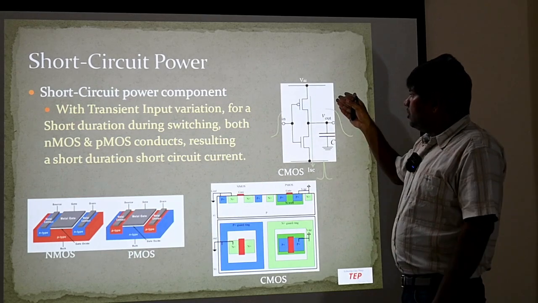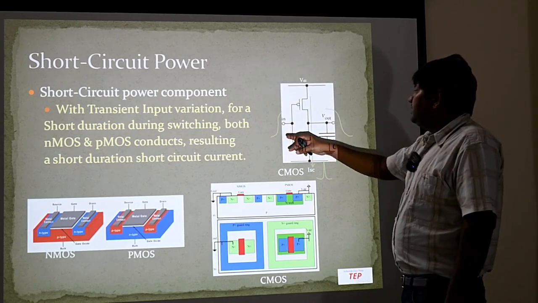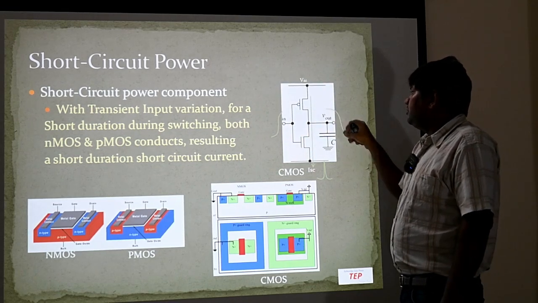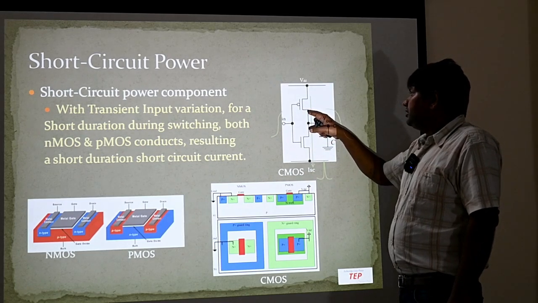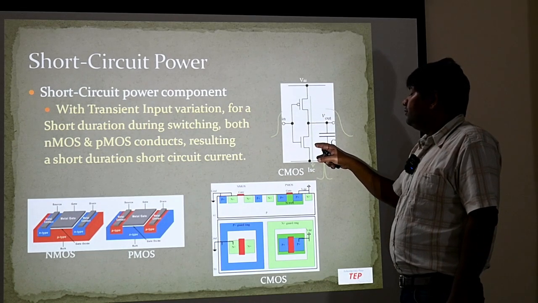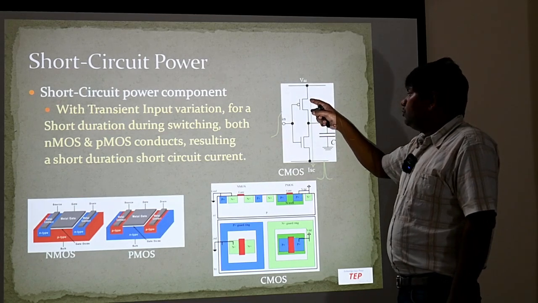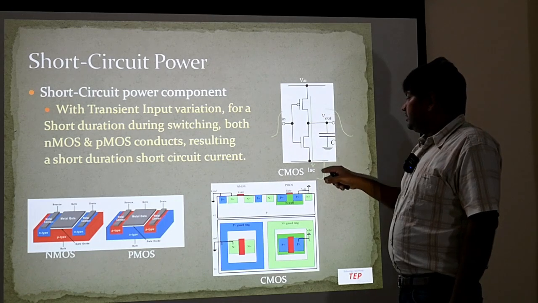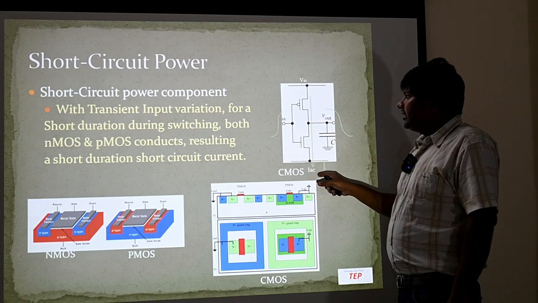So in this CMOS, there is one component that is called short circuit power, because when the transition happens from 0 to 1 or 1 to 0, there is a small fraction of time in which the PMOS is turning on and NMOS is turning off, or vice versa, when both of them are on, and there is a little peak of the current for a small transient of time, that is called short circuit current.